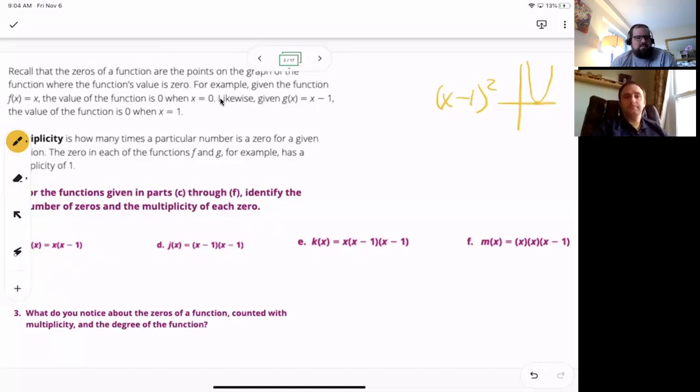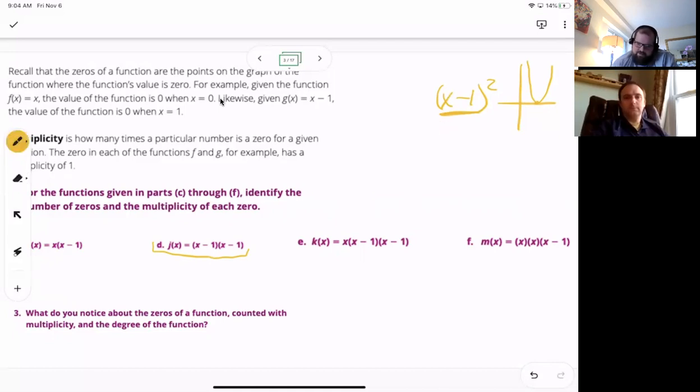This is going to connect to this multiplicity idea and kind of why that happens. Because here we have, and we actually have the same function here, one linear term, but 2 copies of it. And that's a really good way to think about multiplicity. So we'd say that this factor has a multiplicity of 2.